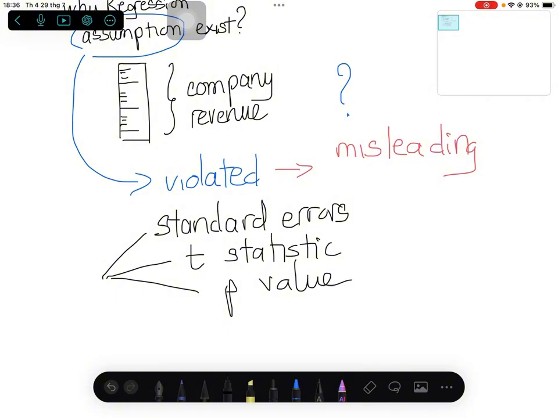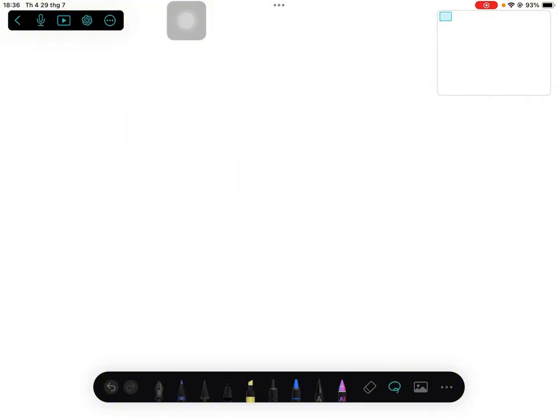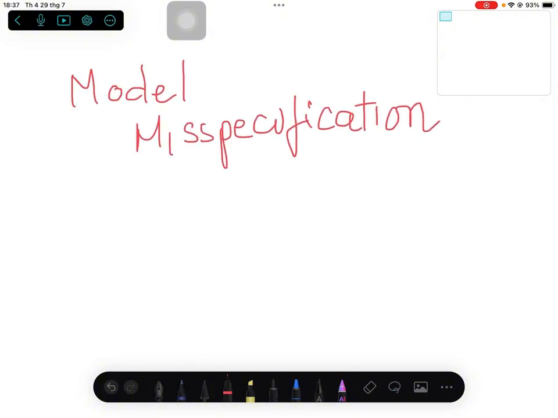Before discussing the 3 classic violations, let's talk about an even bigger issue: model misspecification. Here's the intuition. A regression model is only as good as the variables you include. If you leave out an important variable, or include variables that don't belong, or choose the wrong relationship between variables, then the model itself is flawed.